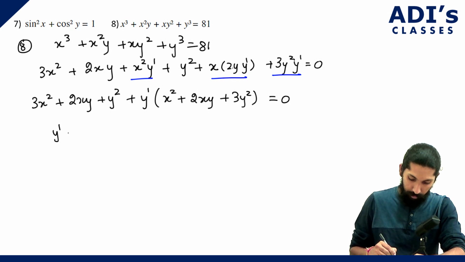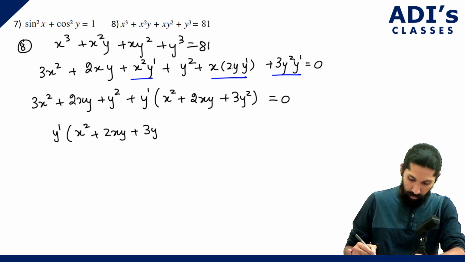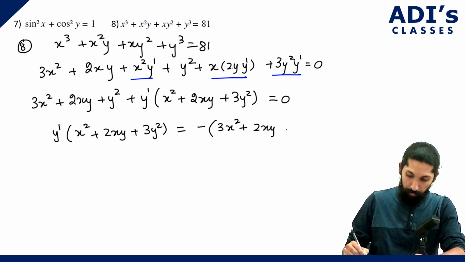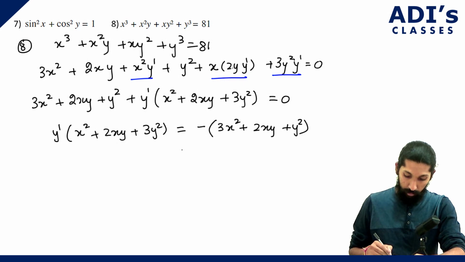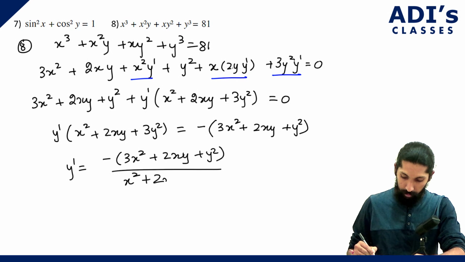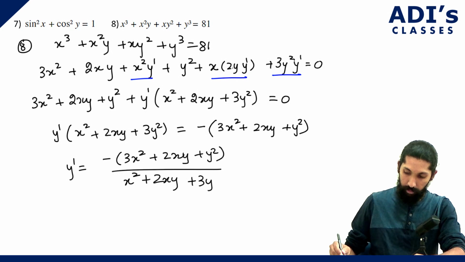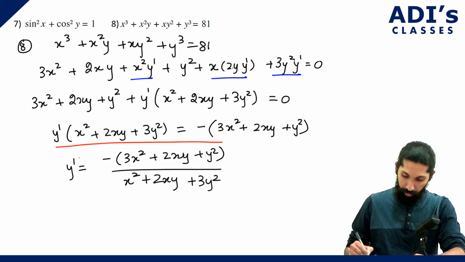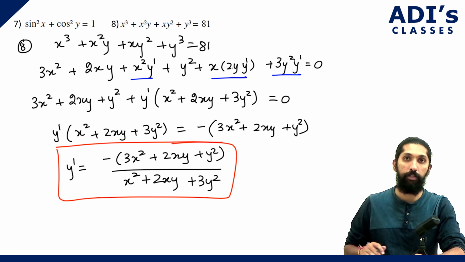That's y dash into x square plus 2xy plus 3y square is equal to minus of 3x square plus 2xy plus y square. So what is y dash? Minus of 3x square plus 2xy plus y square divided by x square plus 2xy plus 3y square. So this is going to give us the answer for the 8th one.